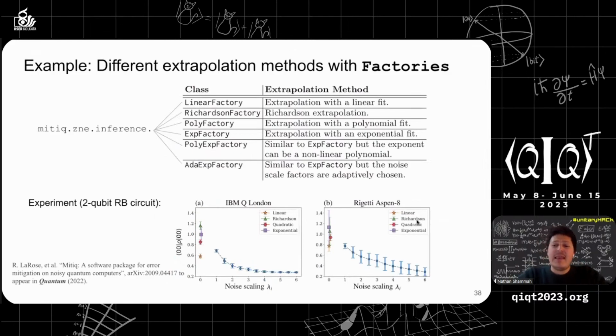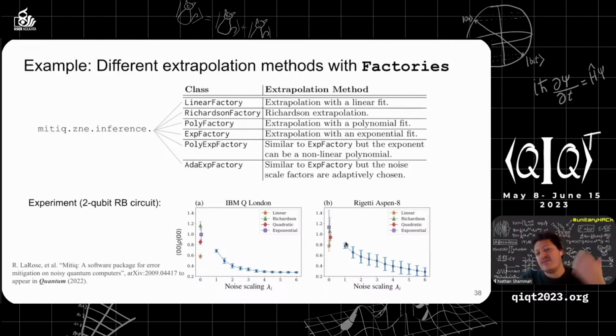And Mitiq allows one to use several kinds of extrapolation, not only of folding. And these are at the so-called factory level. So not only can one have exponential fits, but also linear fit or Richardson fit and other kinds of adaptive fits that here you see benchmarked on different hardware to see how they compare.